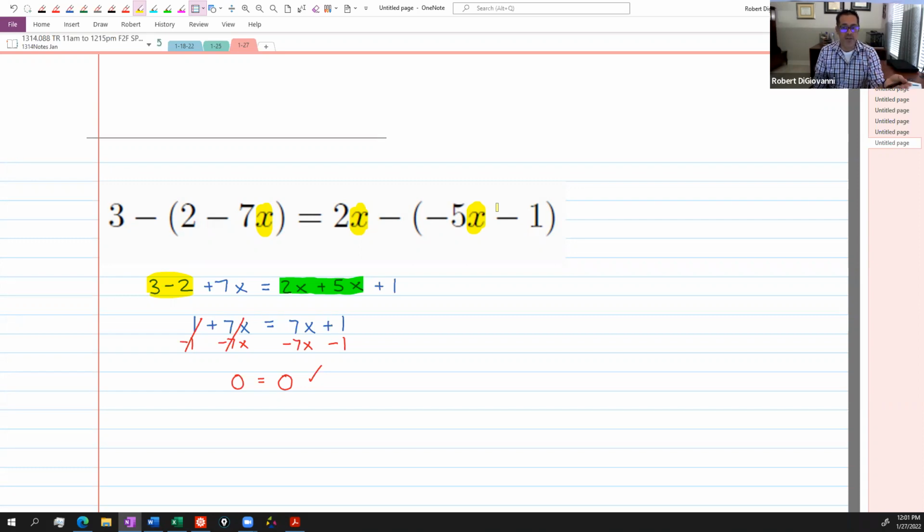Every number is a solution, which is weird because you would think that all the equations just have one answer. Well, no, it is possible to have an equation where you have an infinite number of answers, where every number is an answer. And this is what tells us right here. This is what tells us that we have an infinite number of solutions, is the fact at the very end, we got 0 equals 0, which is a true statement.